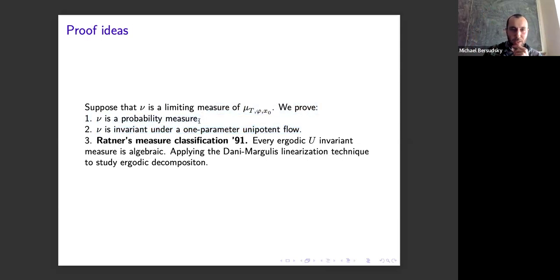To show that this is a probability measure, and to apply this linearization technique, we need some good control over sub-level sets of linear combinations of o-minimal functions, and this was something that we worked hard on.